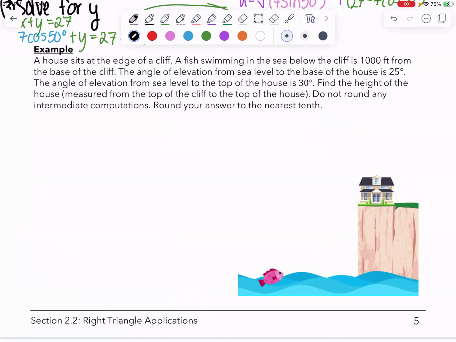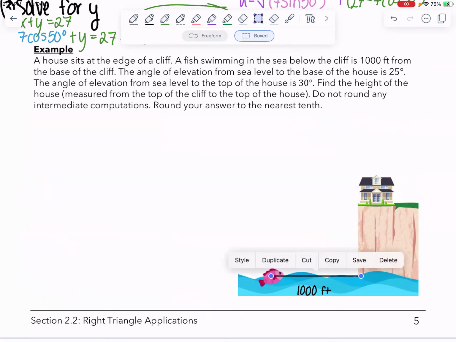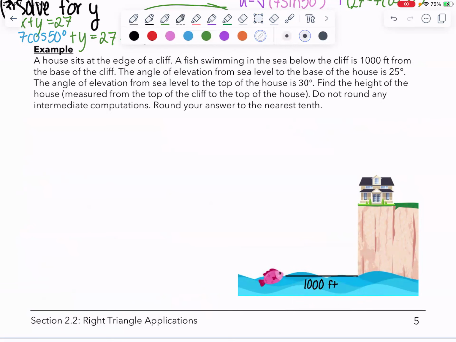Okay. So we're going to start with writing down what we know. We know that the fish is 1,000 feet from the base of the cliff. So we have 1,000 feet right here is how far that fish is from the cliff. And the angle of elevation from sea level to the base of the house is 25 degrees. So angle of elevation to the base right here is 25 degrees.